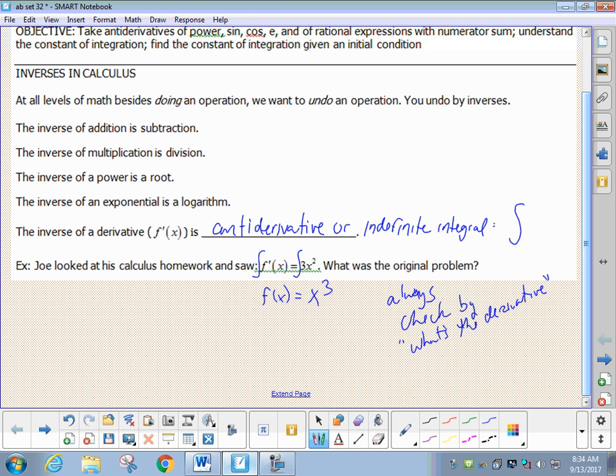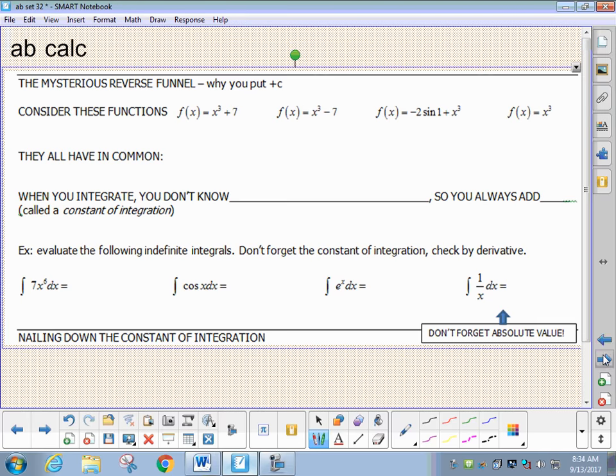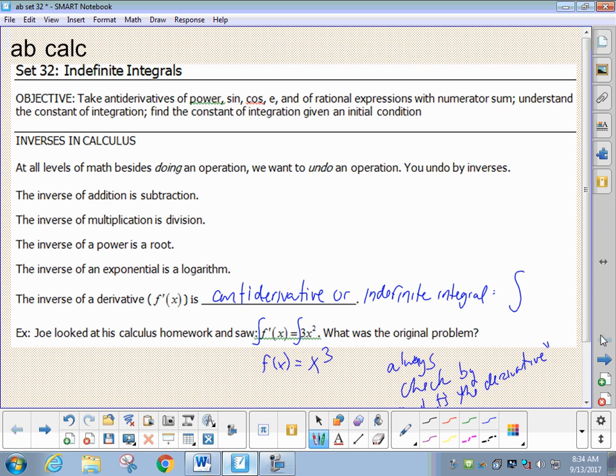Are you following me? Just a lot of vocabulary so far. Are we cool? Okay. Now the problem, though, is could it possibly have been x cubed plus 2 to begin?